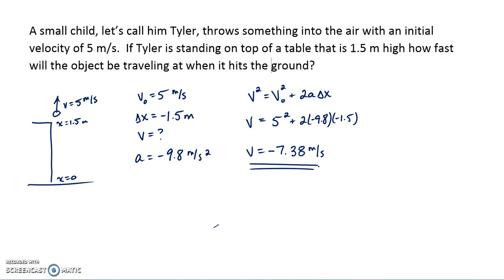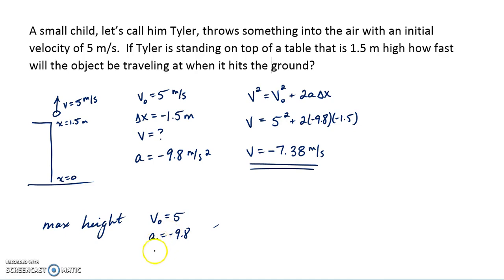I could have asked other questions. Like I could have asked, what is the max height? Well, if I asked the max height, then I had to bring in some extra information. So, for example, I know my initial velocity would still be the same at 5. I know my acceleration is still the same at negative 9.8. I do not know what my displacement is.